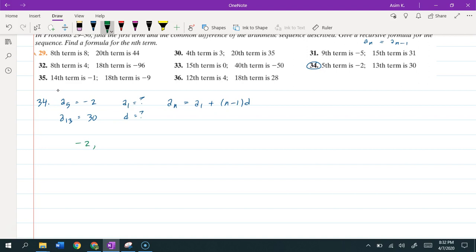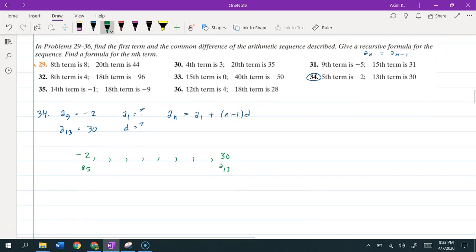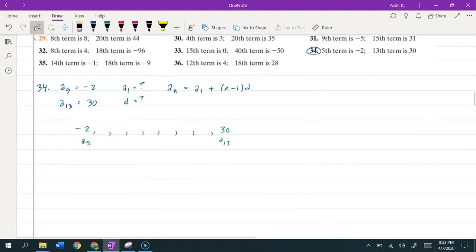Okay, here's my fifth term, right? Sixth term, seventh term, eighth, ninth, 10th, 11th, 12th, and by the time I get here, I'm at my 13th term, which is 30. Now you might be saying, wait, I thought you just told us not to do that. I'm only trying to demonstrate to you that what I'm about to do next makes sense.